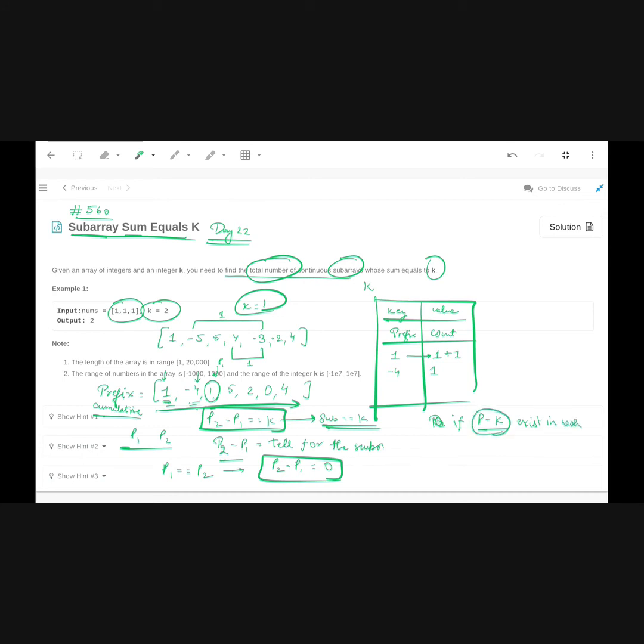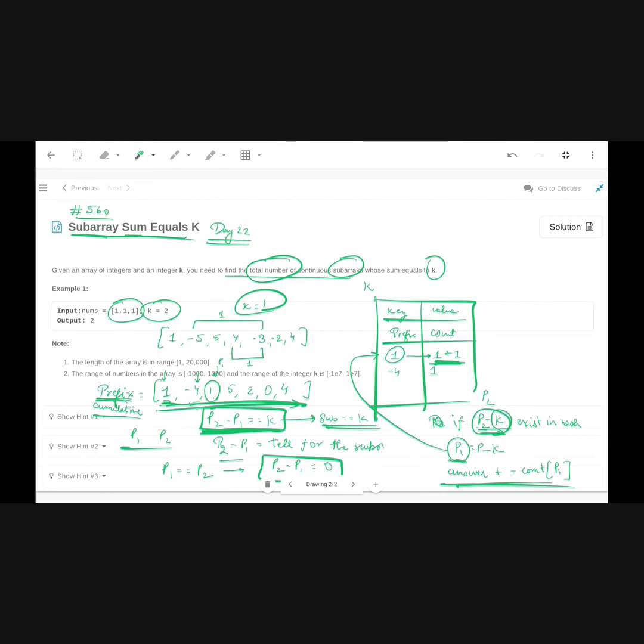If it exists, then this equation is satisfied, and whatever this P1 is, we have seen that prefix so many times. So we just add the count of P1 to the answer. For this given P2, we have seen P2 minus K this many times previously in the prefix array, so we know that there exist that many subarrays with sum equals K, and we add those to the answer.